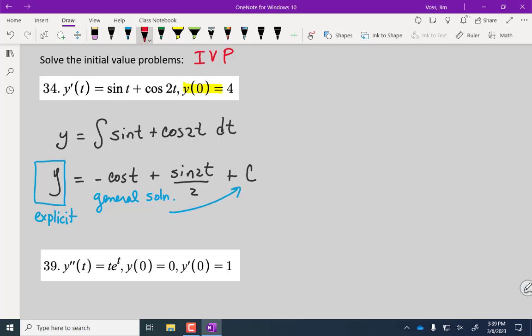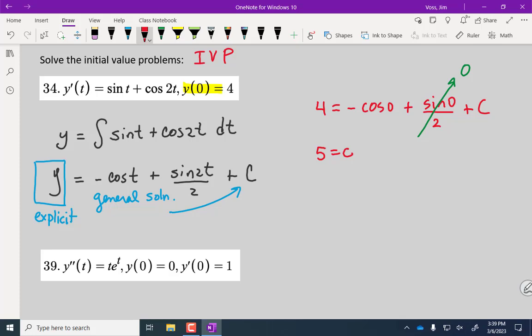Now this has initial value y of 0 is 4, so now we do the standard initial value thing. This says that when t is 0, y is 4, so we do what you think we would do. Cosine of 0 is 1, so we're going to add 1 to both sides. We'll get 5 is equal to c.